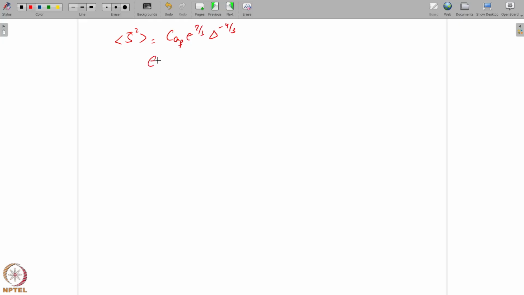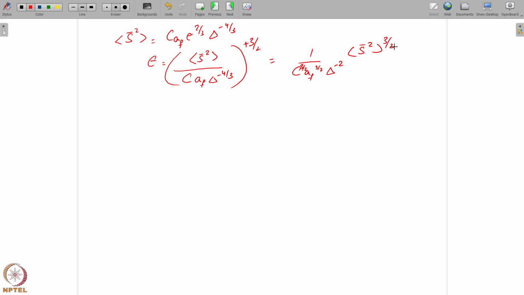So from here, epsilon is S bar squared divided by C AF delta to the minus 4/3, this whole thing to the plus 3/2. I'll just split this out and write it as 1 over C to the 3/2, AF to the 3/2, delta to the negative 2, then S bar squared to the 3/2.